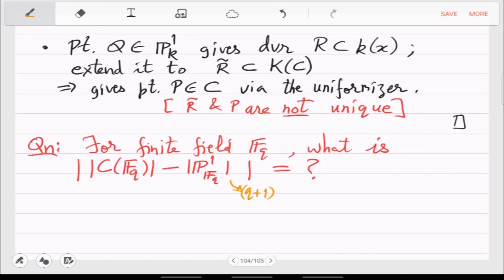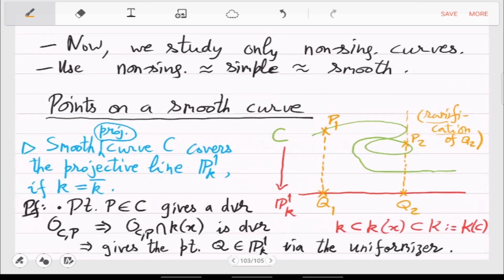Right, so the motivating question of this whole course, and in fact much of modern math, is how far away can the points on a smooth projective curve be from Q plus 1, the points on the line. The picture doesn't give you a very good idea, because every point on the curve may have many possibilities of preimages.